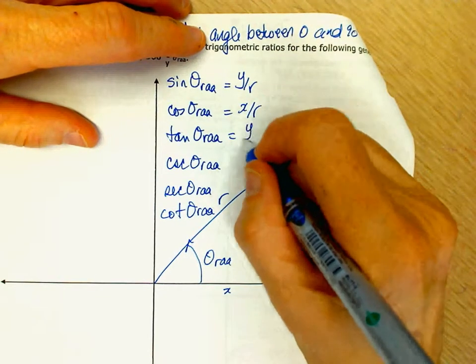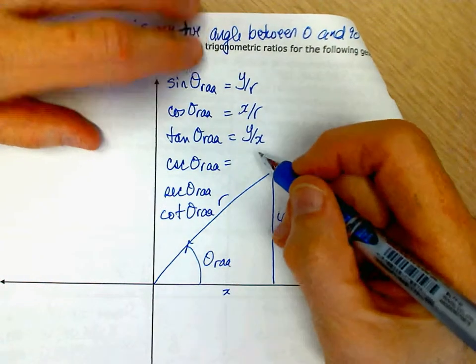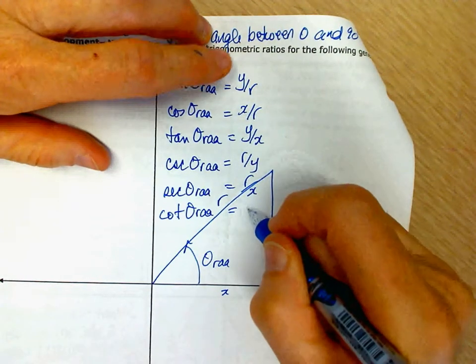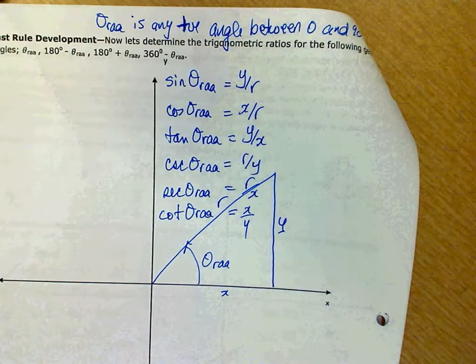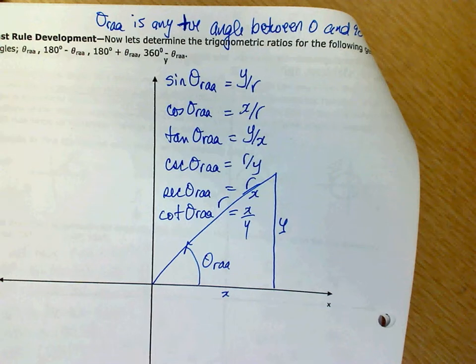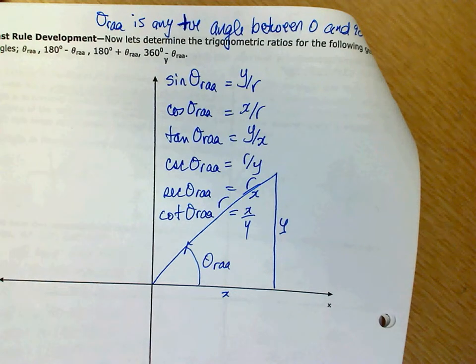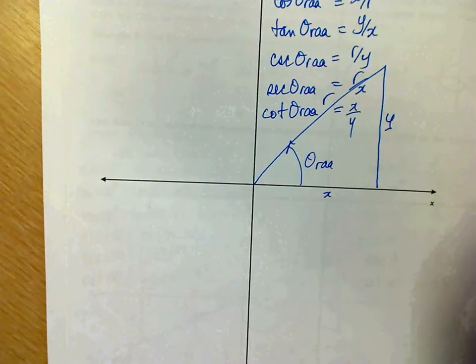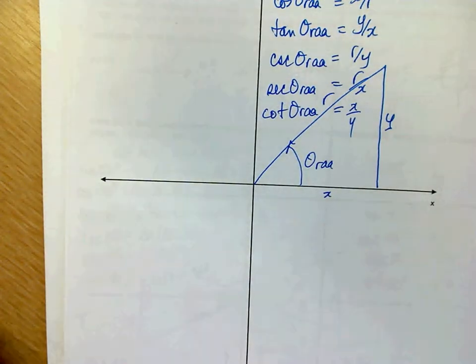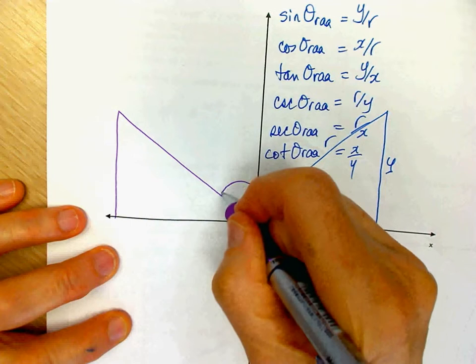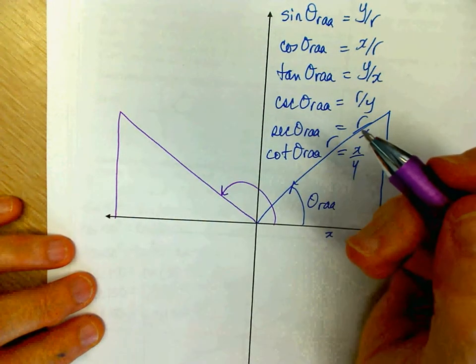Now we do the reciprocal. So now we're doing pi minus theta RAA.